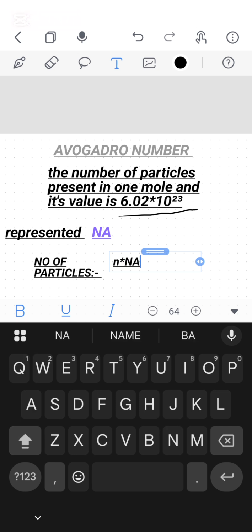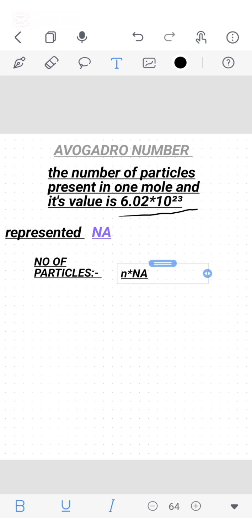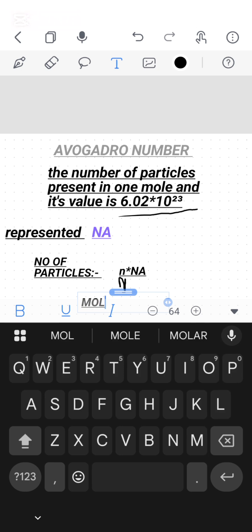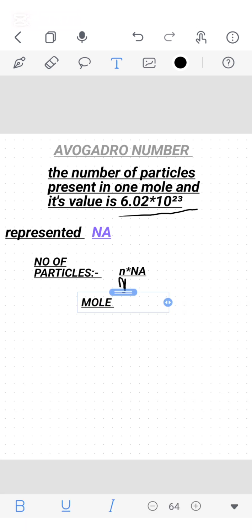Now as we discussed, NA is the representative of Avogadro number, and this n is basically the mole that we studied in our previous classes.